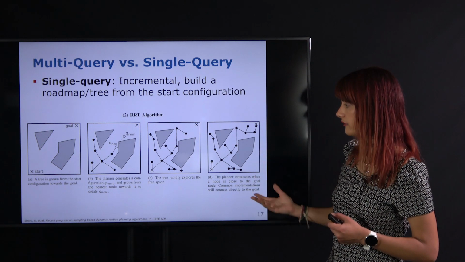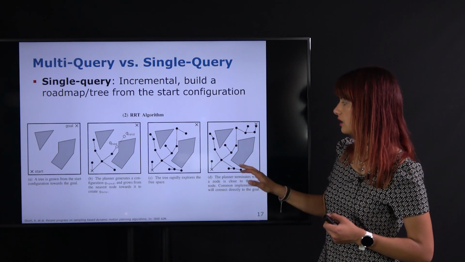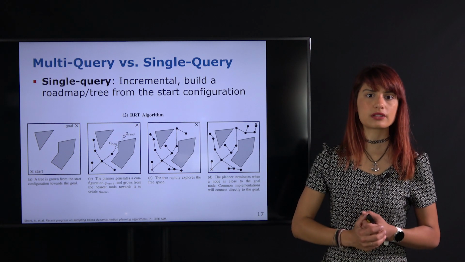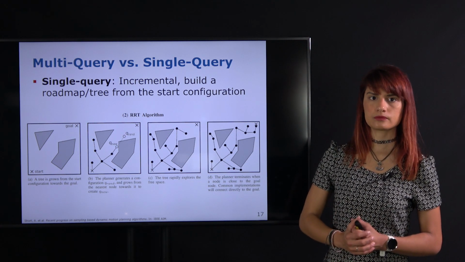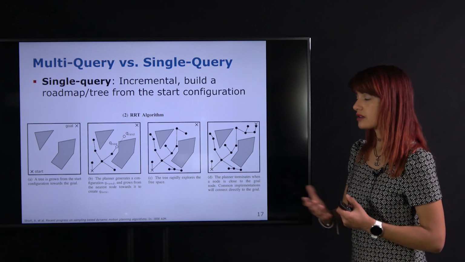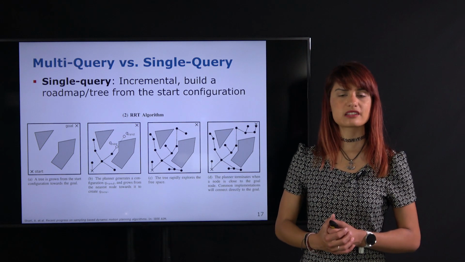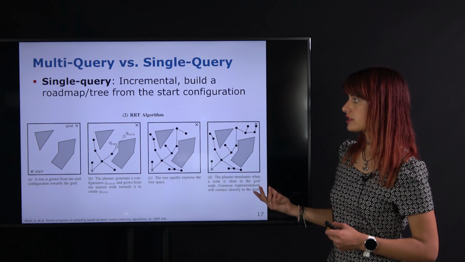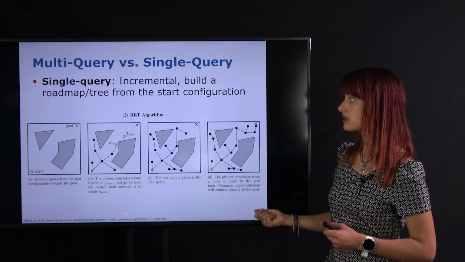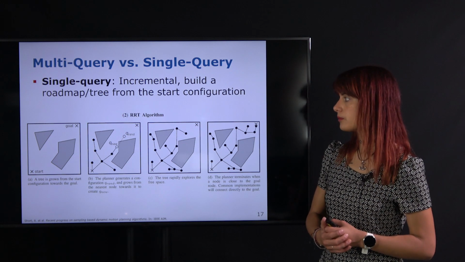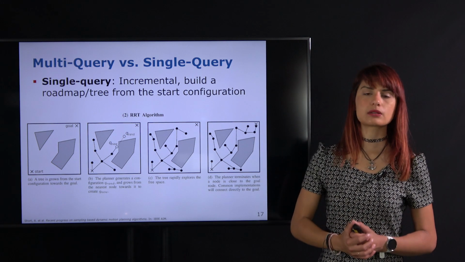So this is very efficient when we only have the start and the goal configurations and we're only interested in forming the connection between them. Of course, we can reuse the tree later in another planning problem and make some adjustments, but this approach is particularly suitable and lends itself to being very efficient for such single query tasks when we have a very isolated planning problem.